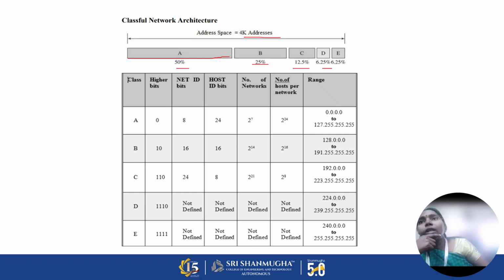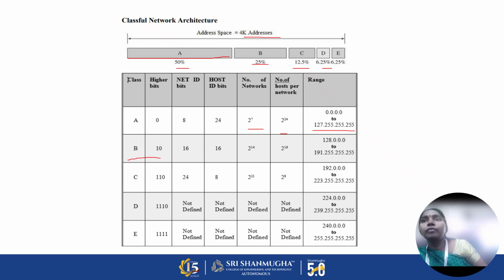For class A, the higher bit is 0, the net ID bits are 8 and the host ID bits are 24. The number of networks is 2 to the power 7 and the number of hosts per network is 2 to the power 24. The range is 0 up to 127.255.255.255. So this kind of bit range we are using for IP addresses.